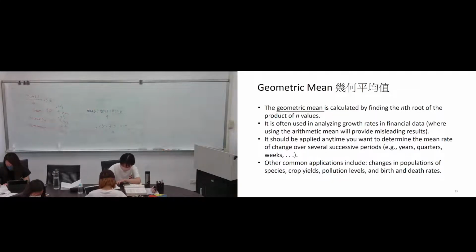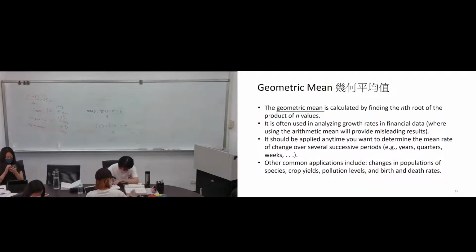And the final mean is called the geometric mean. It is calculated by finding the nth root of the product of n values. It is used in analyzing the growth rates in financial data. For example, we'll use that to calculate our investment growth rate every year.